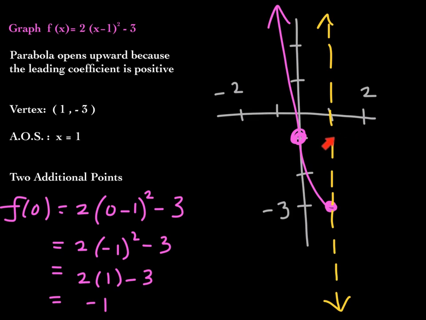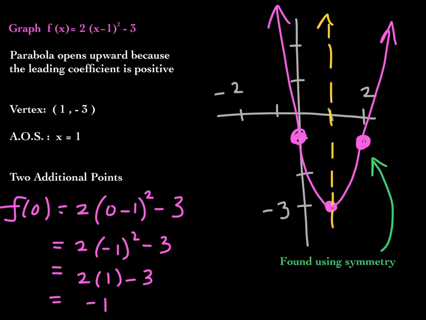Well, that would be (2, -1). That's the mirrored image right there. We found that point using symmetry, and that's what I'm going to expect you to do.